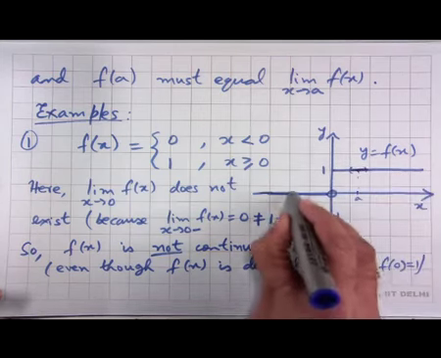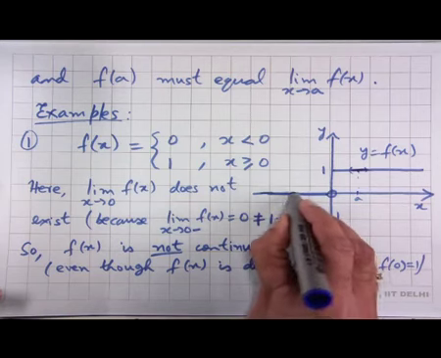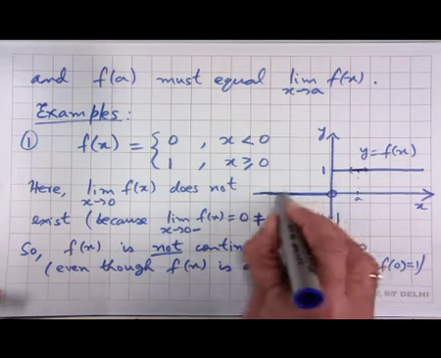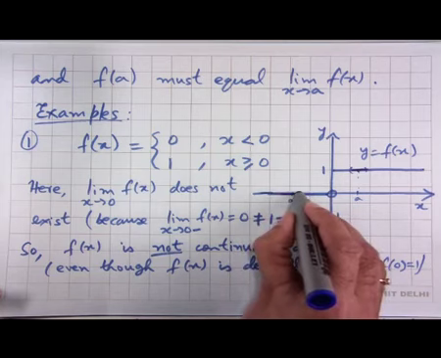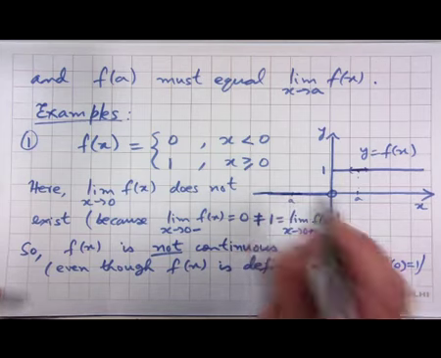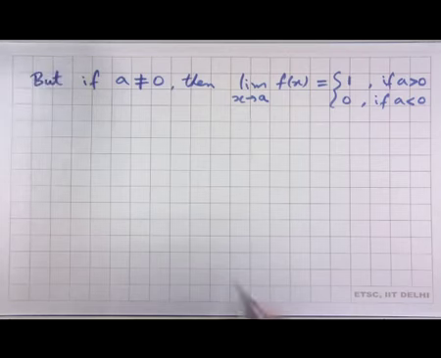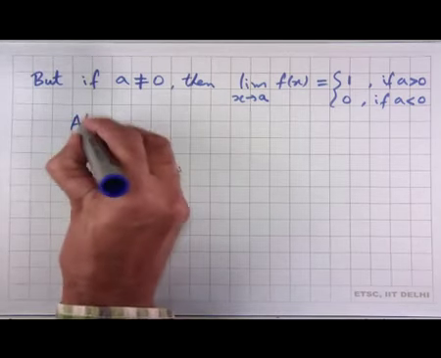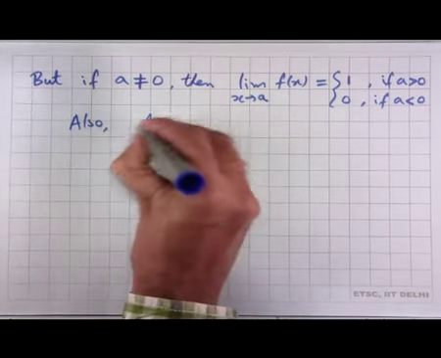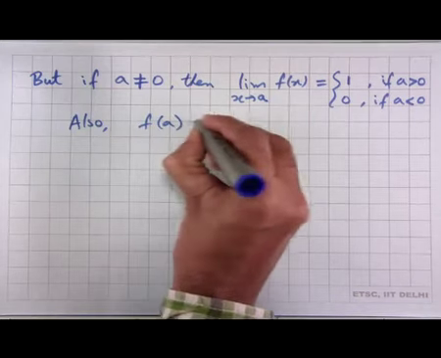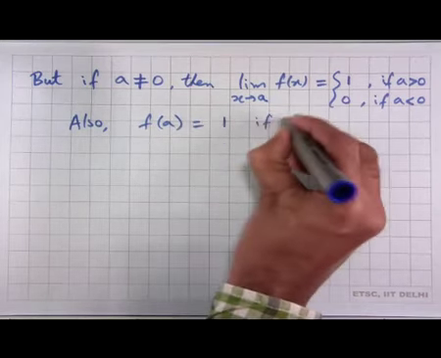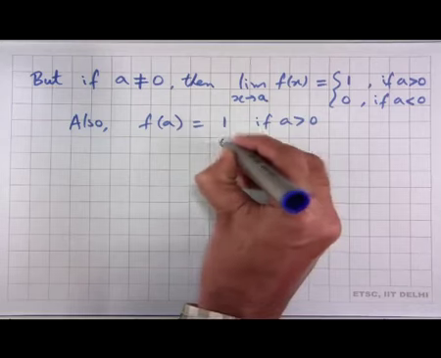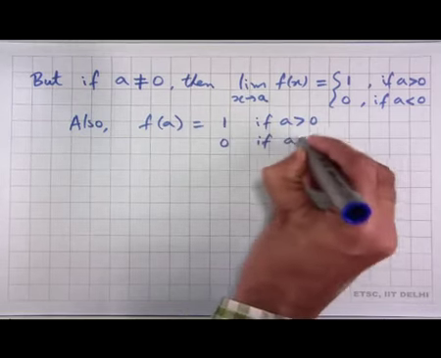But if your a is somewhere here negative, then in this interval the function is identically 0, therefore the limit is 0. Also, f of a is equal to 1 if a is positive and 0 if a is negative.